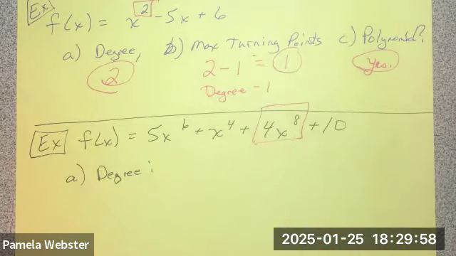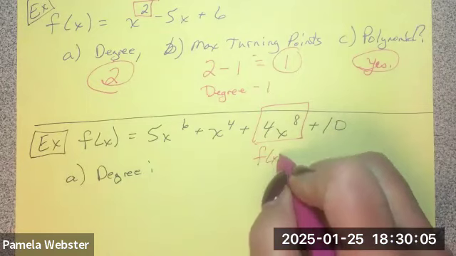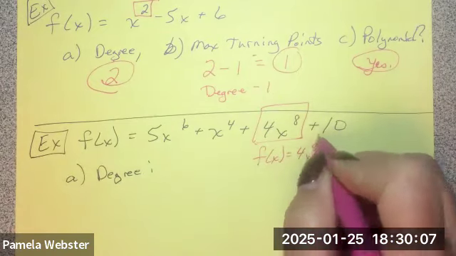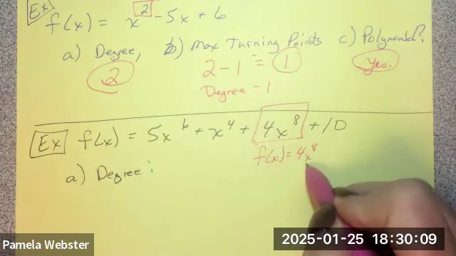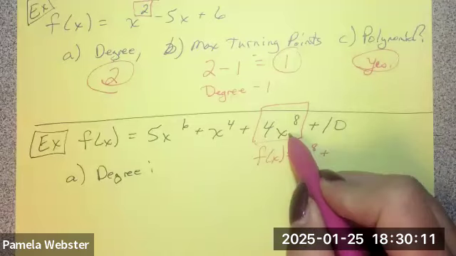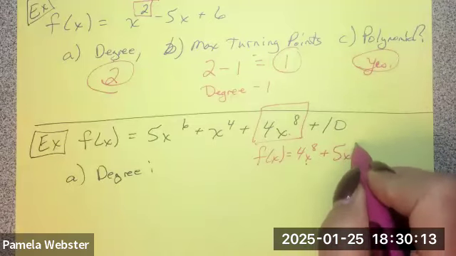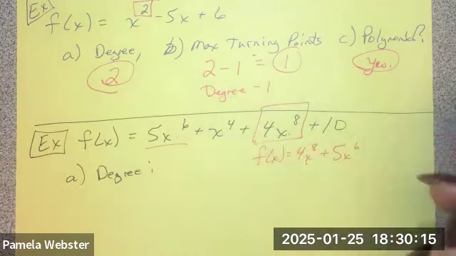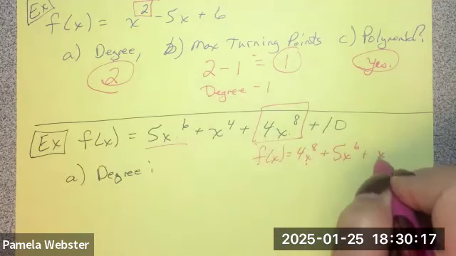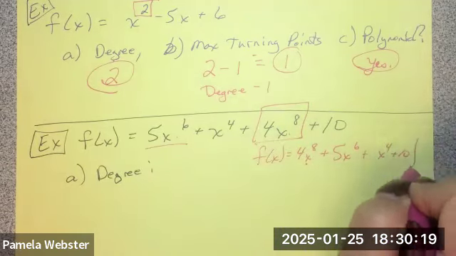So remember I said earlier descending exponent form. If it bugs you to see this like this, you can rearrange, right? The descending exponent form would be the largest exponent first. That's the guy with the 8. And then the next, which happens to be the one with the 6, and then the next, and then the next, right?